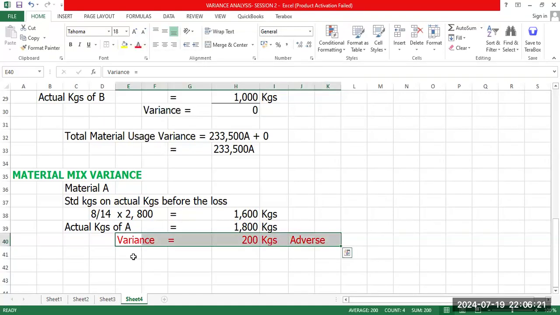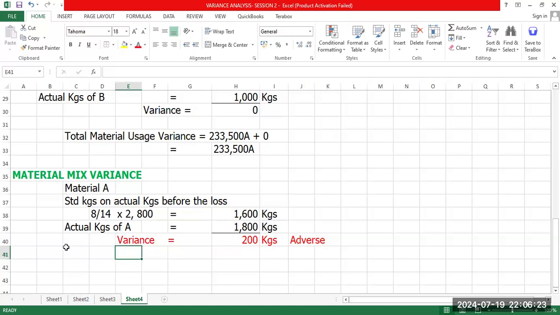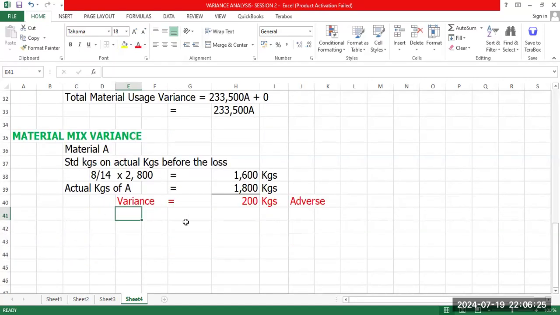But we don't report in terms of kgs, so we multiply by the standard price of material A per kg. And how much is that?